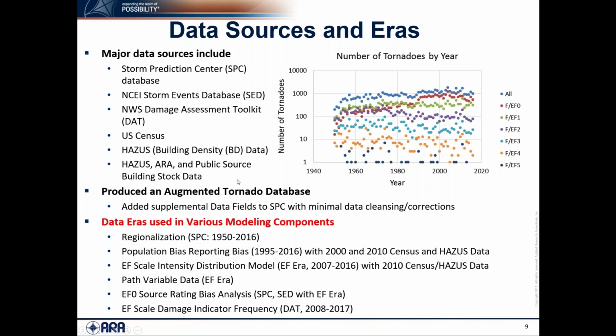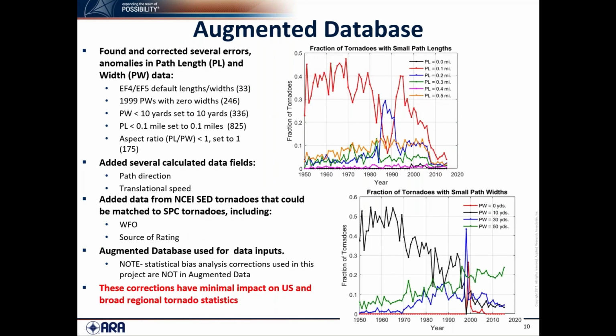We produced an augmented database. When we finally publish our report, which will be late spring or early summer, we will also release this augmented database, where we've taken all of the fields from the official databases, added some data cleansing fields, and also added some derived components, things like tornado translation speed and those sorts of things.